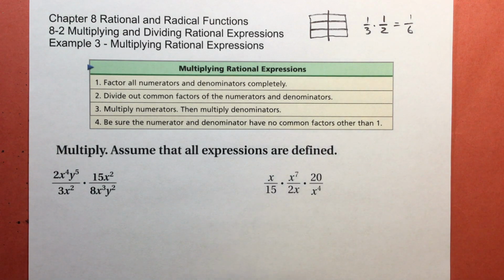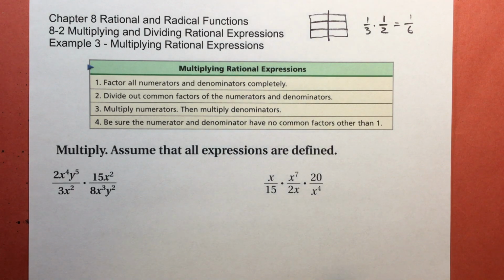When you multiply two fractions, you multiply the numerators, you multiply the denominators, and then you reduce or simplify it. Well, that last step, the reducing or the simplifying, is what we've been working on so far in this section. So that's where the factoring and the cancel or reduce part comes in.